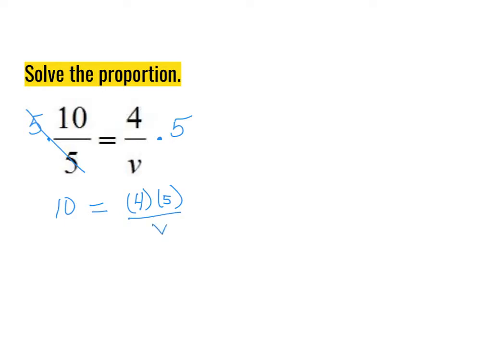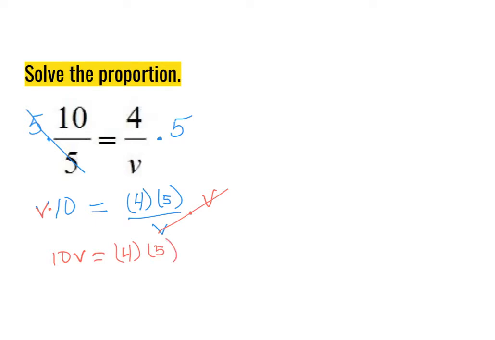And then v underneath. Because I have another fraction, I would also have to multiply by v on both sides. So I could say, cancels, 10v equals 4 times 5.